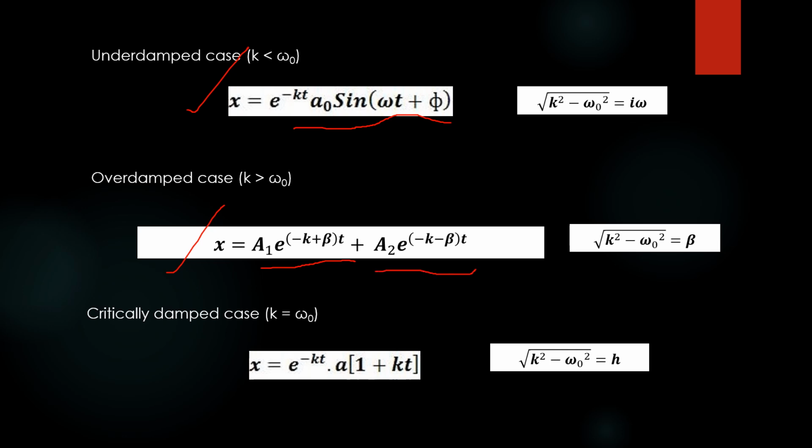Here beta is equal to root of k squared minus omega 0 square, a real quantity. Now in critically damped case, the value of x is equal to e raised to minus kt into a into 1 plus kt. Here we put root of k squared minus omega 0 squared as equal to h, a quantity very close to 0.